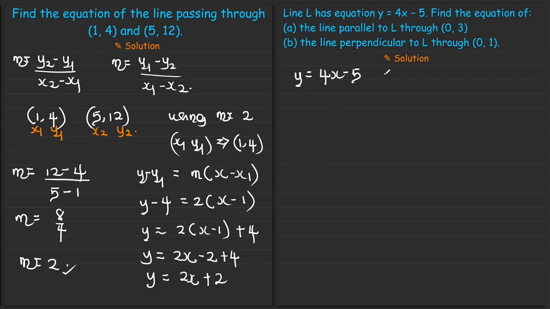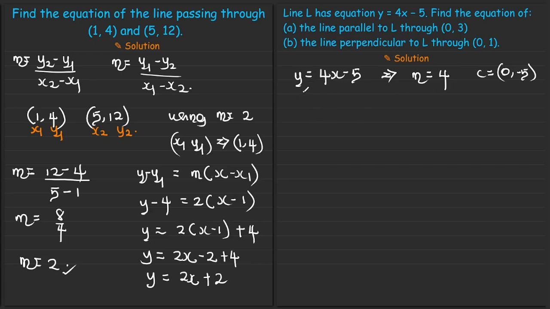slope intercept form, which then implies that our gradient is what? 4. And our y-intercept is what? 0, negative 5. So with this, we want the line that is parallel to L and passes through the point 0, 3. How do we get that?